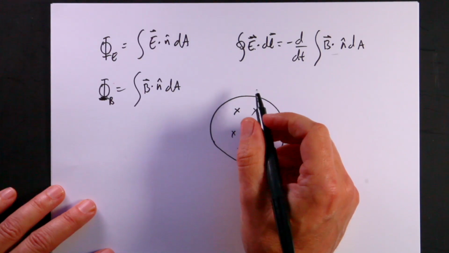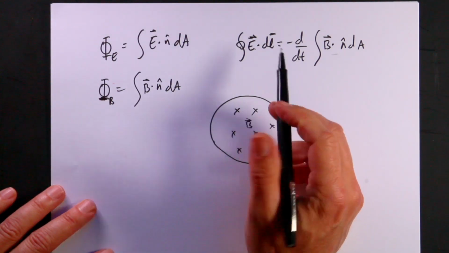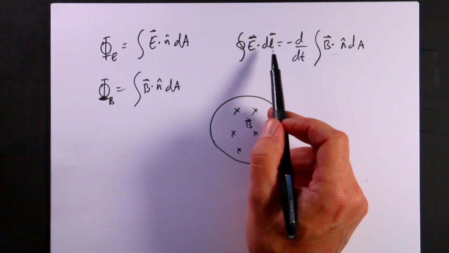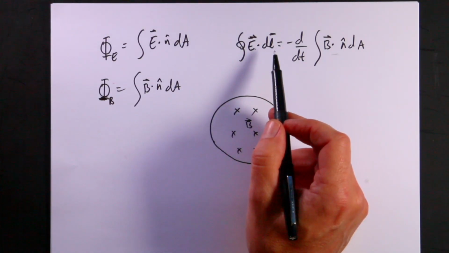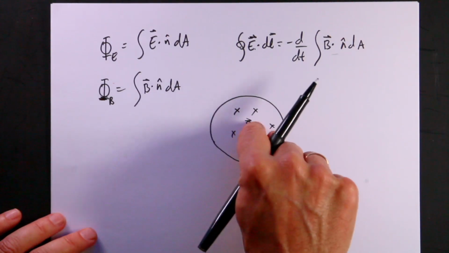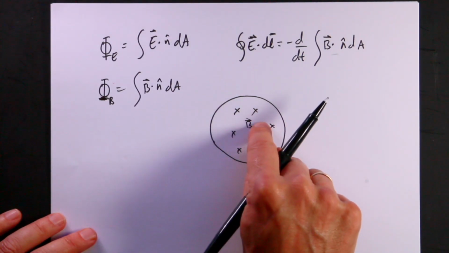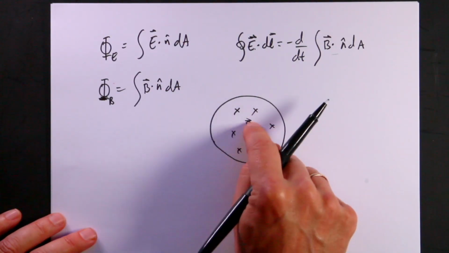Now, which way would that be? The key thing here is that the direction of the electric field is such that it would also create a current to oppose the change in flux. I know that's a mouthful. It's tough. But in this case, this is going to generate a current, and I want the current to fight the change in magnetic field.